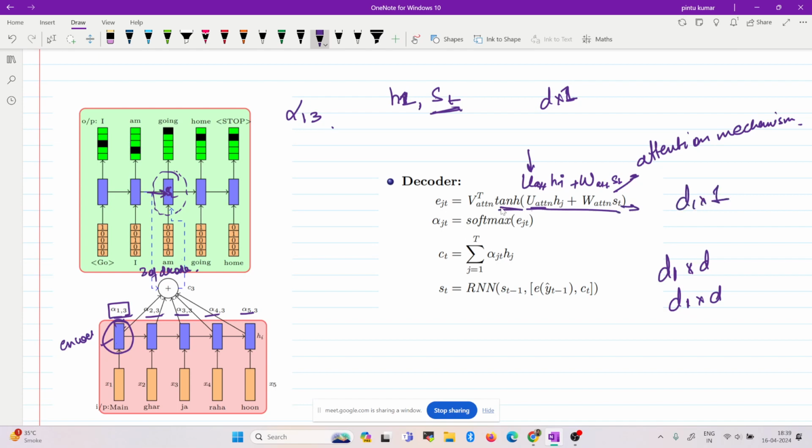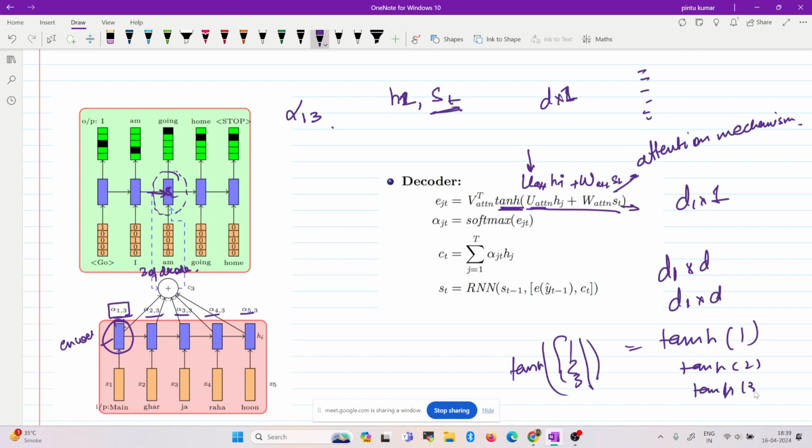Then we apply the tanh operation on top of it. The tanh operation on a vector is component wise. If you have 1 2 3 obtained using this sum, then tanh of this would be tanh 1, tanh 2, tanh 3, and this is the vector that you will obtain.